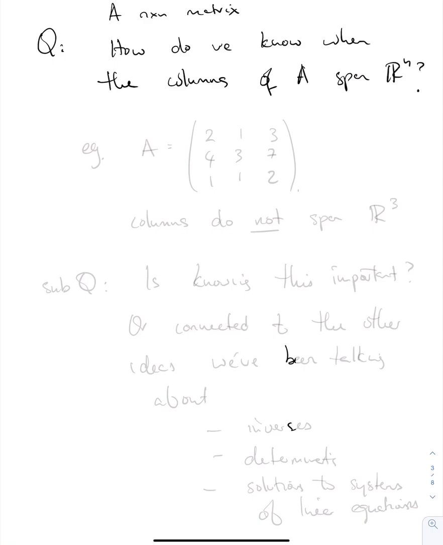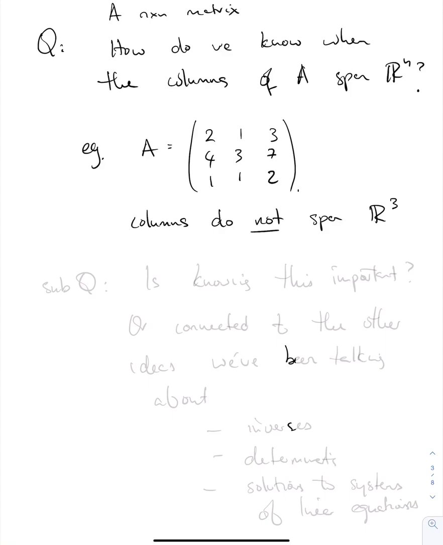Well, in an n by n matrix, there are n vectors in our columns, right? How do we know when it does or does not span all of R^n? So for example, this one that we've been working with, A = [[2, 4, 1], [1, 3, 1], [3, 7, 2]], the columns, as we talked about before, do not span all of R^3. They span some plane, a proper subspace of R^3.